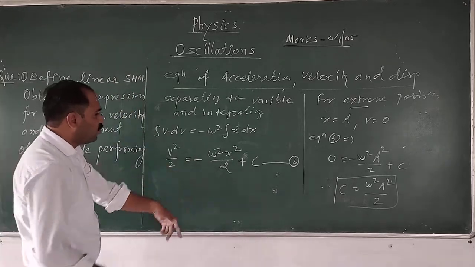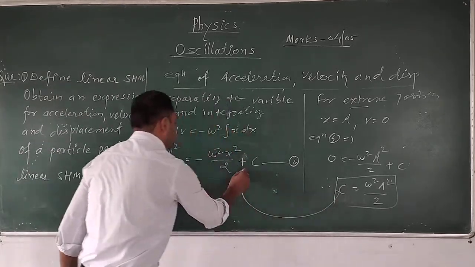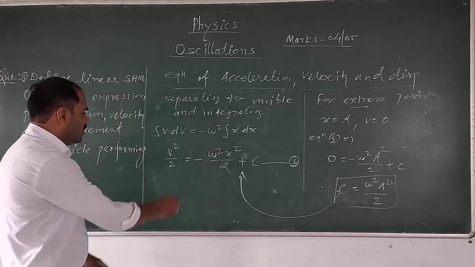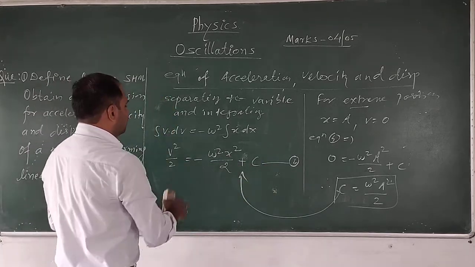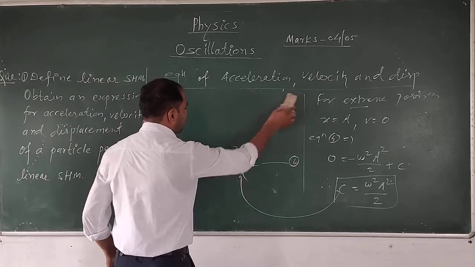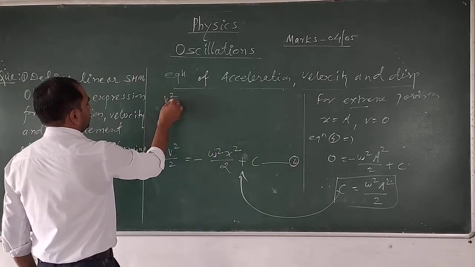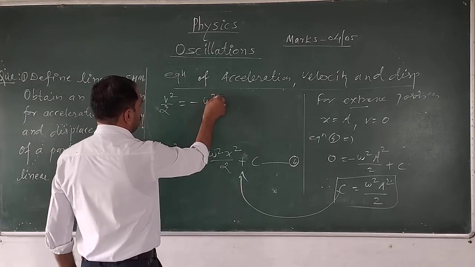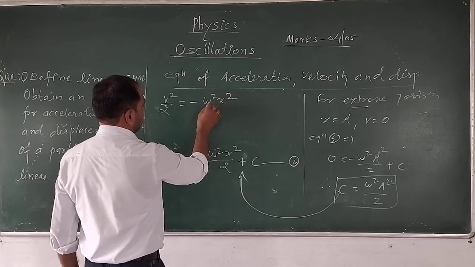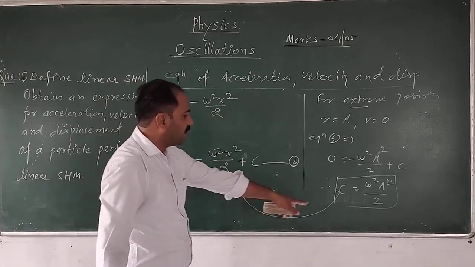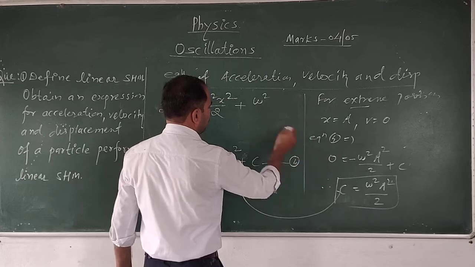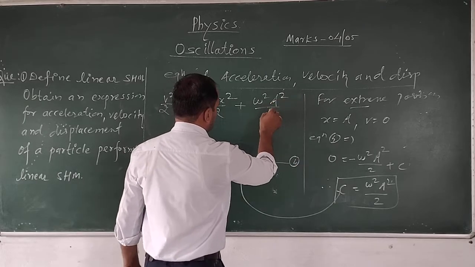Putting this constant of integration in equation number 4, putting the value of c, omega square A square by 2, this equation becomes v square by 2 is equal to minus omega square x square by 2 plus omega square A square by 2.